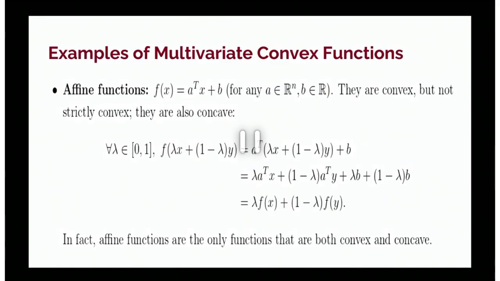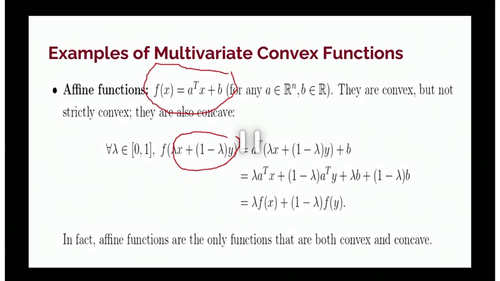How do we investigate that I find it is convex? Please pay attention. You are given this. If you take a look at this, that is the formula for convexity.